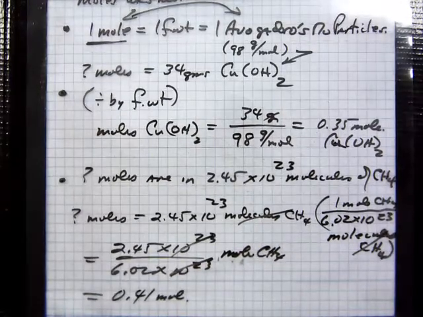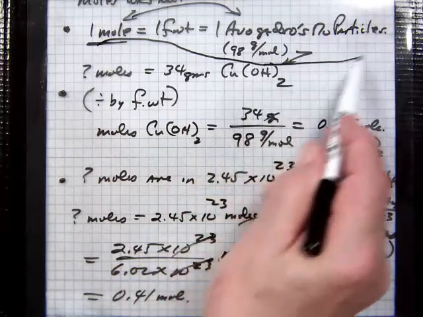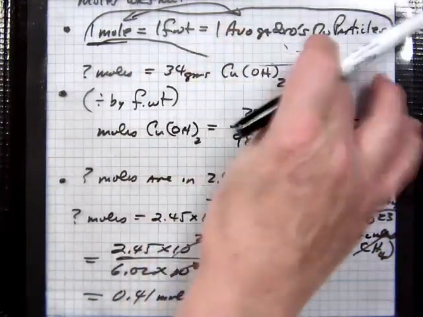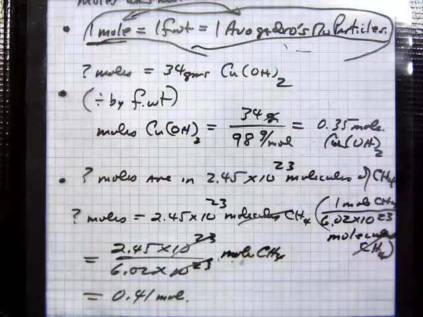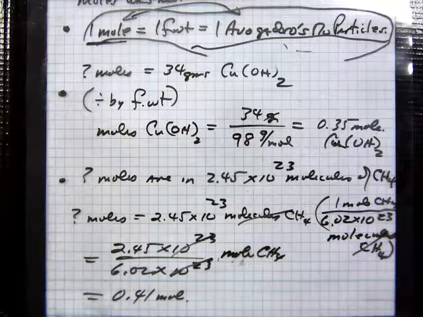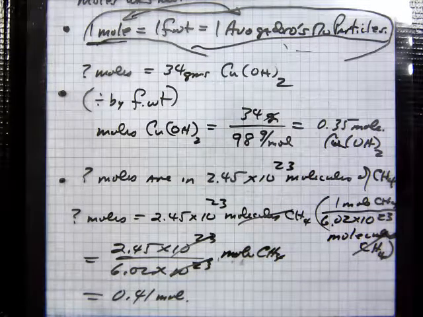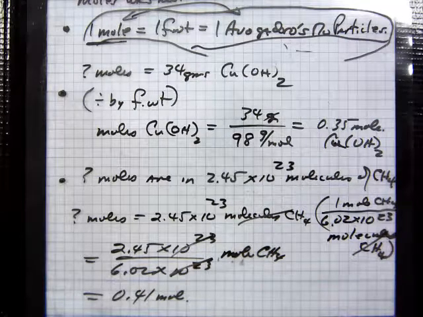So it's a matter of using this relationship up here. Well, not the 98 in there. 1 mole equals 1 formula weight as a ratio, or 1 mole equals Avogadro's number, or formula weight equals Avogadro. Any combination can be a conversion factor.